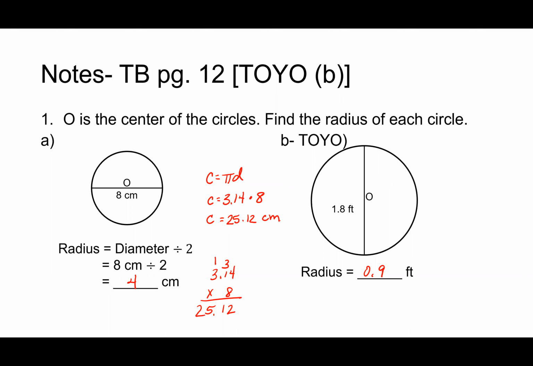How many of us got it right? Okay, good. Well, you guys are pros. Let's do this one. It's got decimals. All right, so first line of work, circumference equals pi d. Is 18/10 a multiple of 7? No, so let's not use 22/7. We're going to use 3.14 times 1.8.